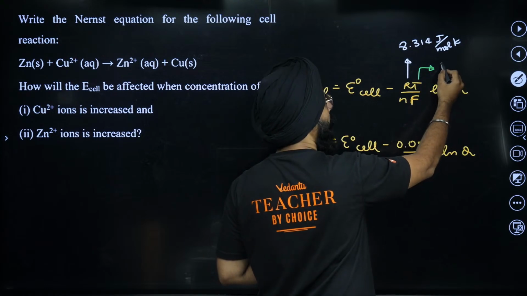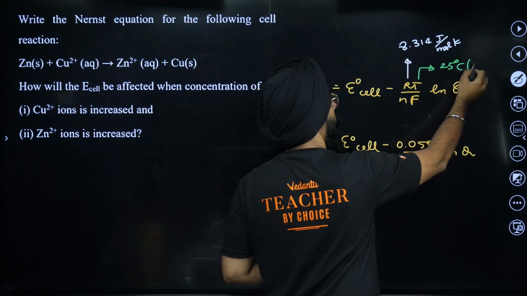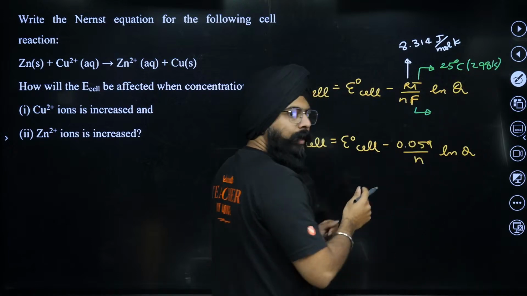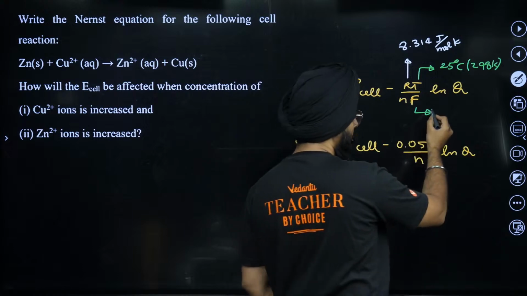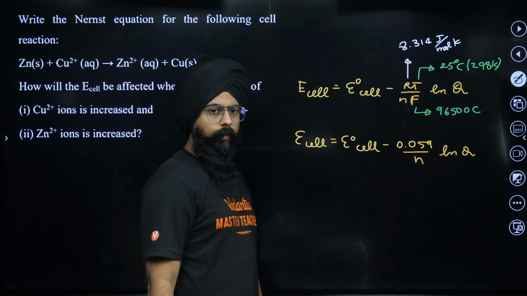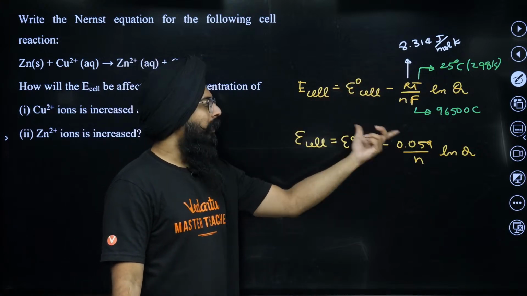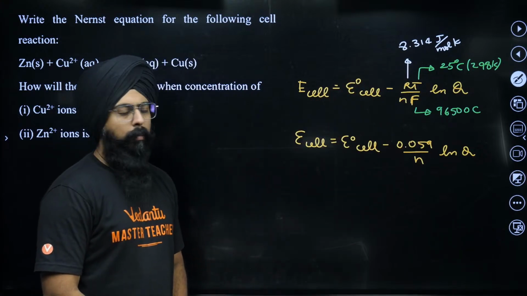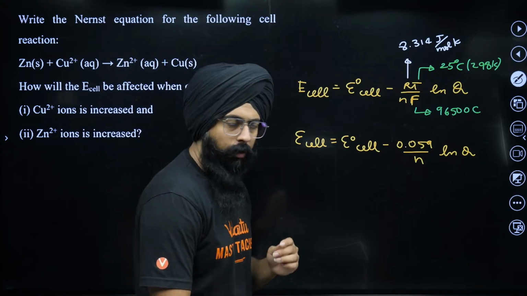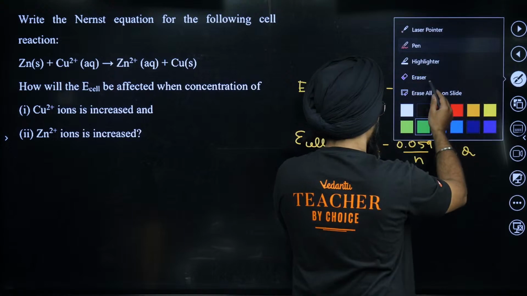We assume temperature is 25 degrees Celsius, which means 298 Kelvin. We assume that Faraday's constant when taken in SI units is 96500 coulombs. And once these values are filled in, we get E cell is equal to E naught cell minus 0.059 by n into ln of, sorry, not ln, we take log of Q over here.